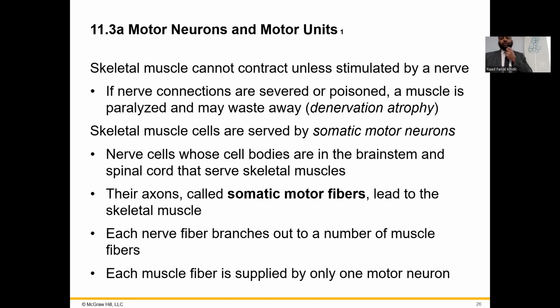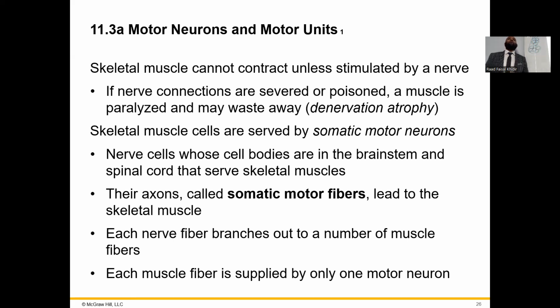So if the nerve connections are severed or poisoned, a muscle is paralyzed and may waste away. That is known as denervation atrophy.